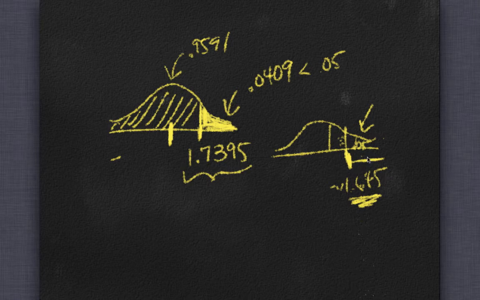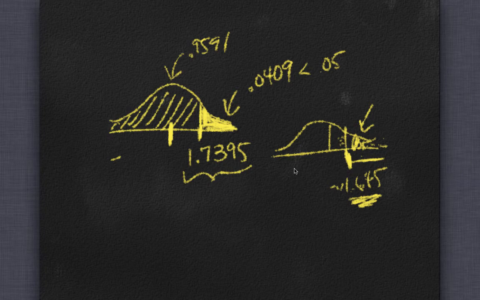It's bigger than this value, so this must be less than 0.05. So that's the traditional method, and this is how the z-value and the critical value relate to alpha and p. The critical value gives you alpha, your z-value gives you p, and if p is less than 0.05, then z is greater than the critical z in absolute value. So it's further away from the mean. If we were down here, it would be less, but bigger in absolute value.